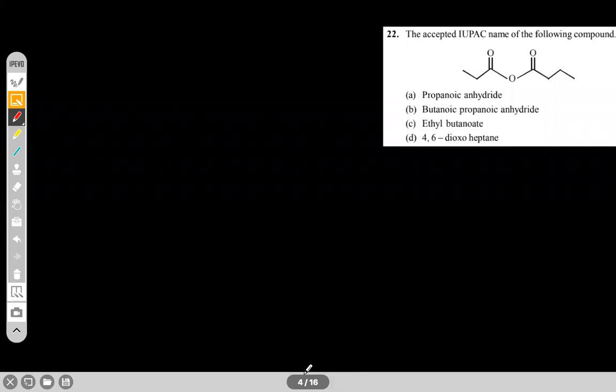The accepted IUPAC name from the following compound.